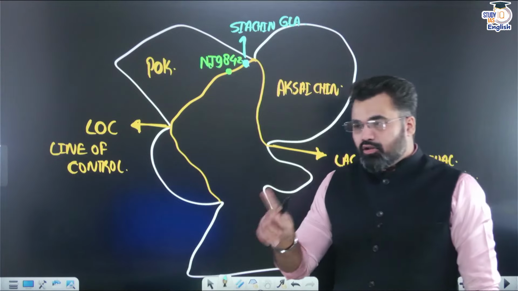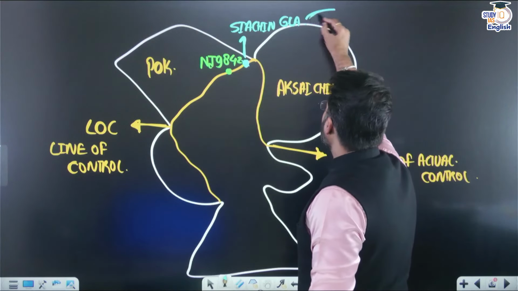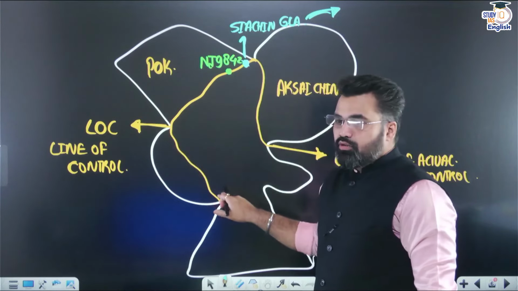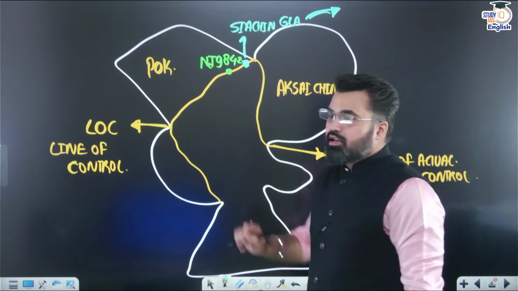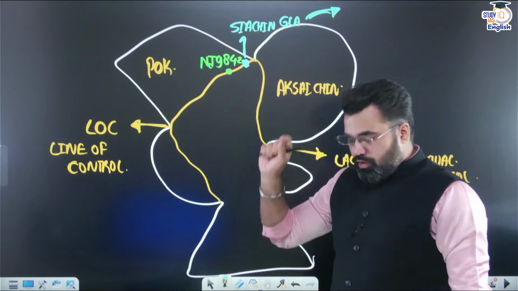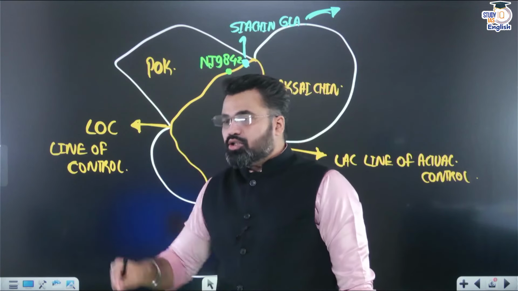But yes, this is not mentioned in the 1971 treaty, which says that this portion is POK, this line is called LOC, and LOC is clear up to NJ9842, but not clearly mentioning the location called Siachen. There was a specific line written in the treaty which says that LOC is present northern up to the glacier from point NJ9842.